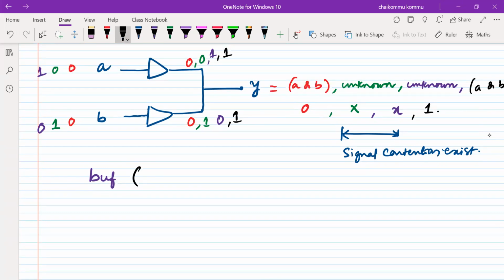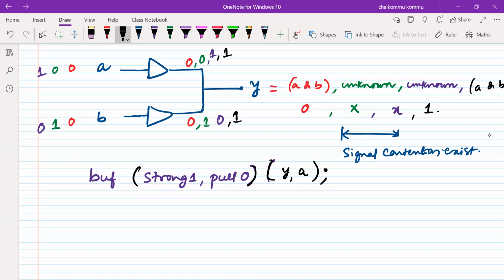Here I'm going to write the strength: strong 1, pull 0 for Y comma A.